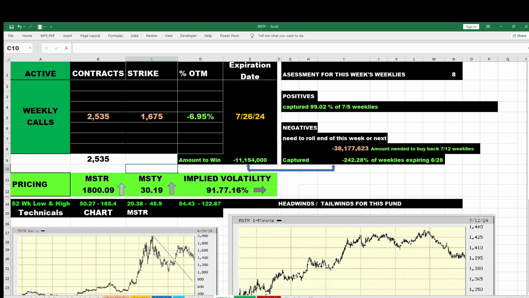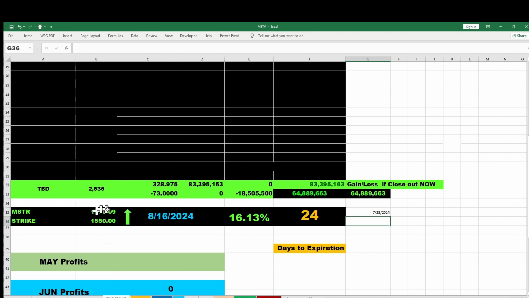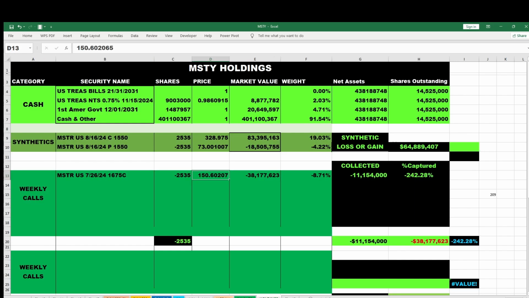So moving up a little bit now, we're equal and can be slightly ahead because as our synthetic moves up, we're capturing all that because we're on a 1550. Look, we got out to 816 with 24 days, and we're up there. So let's go take a look at holdings, which tells us pretty much everything.